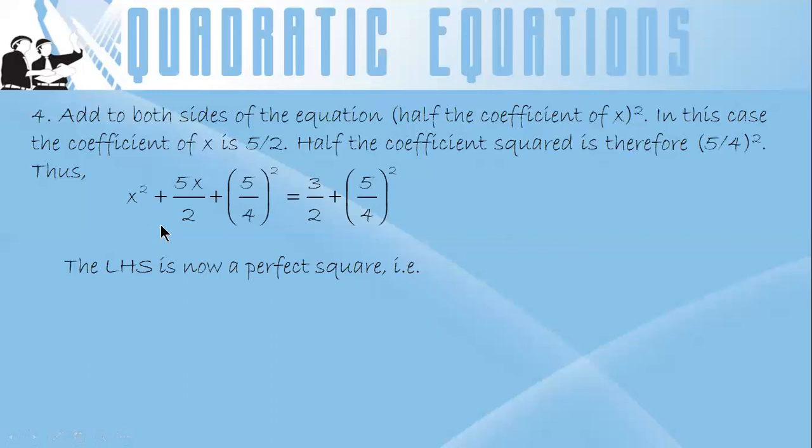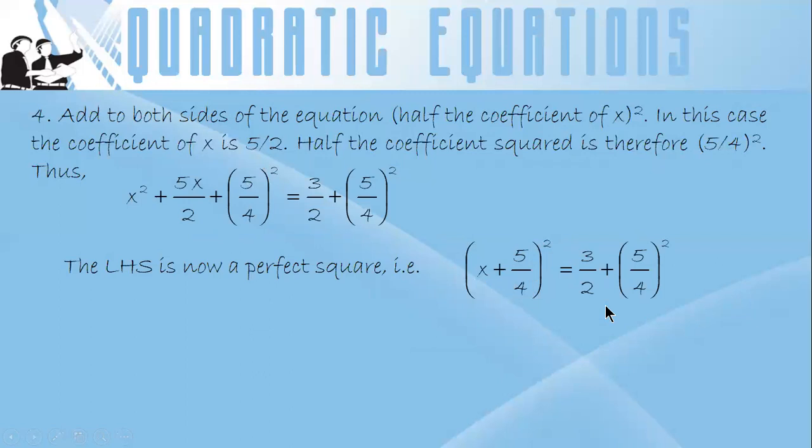This one is a perfect square now. To get the 5 over 4, half of the coefficient of x, 5 halves divided by 2, is easy. So the left is a perfect square.